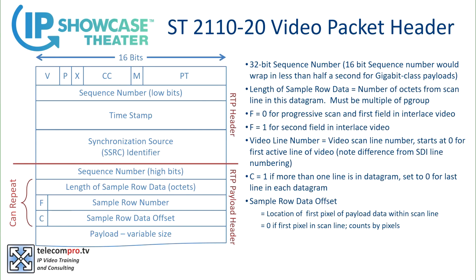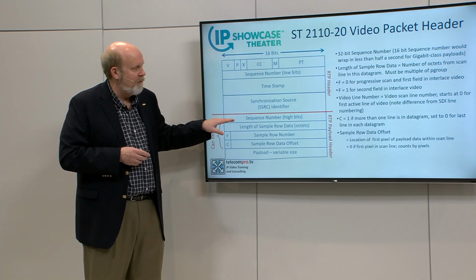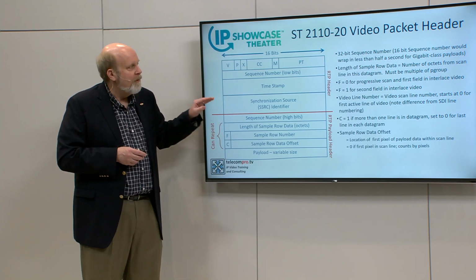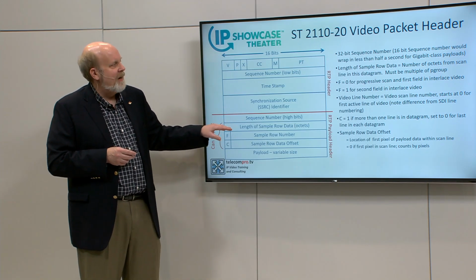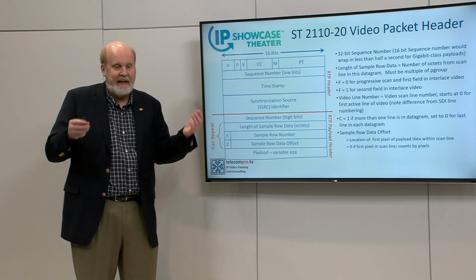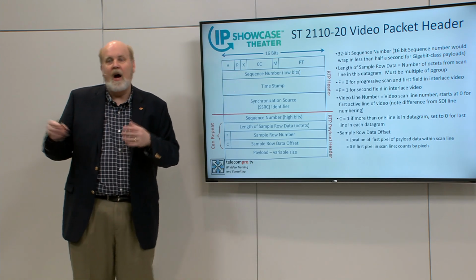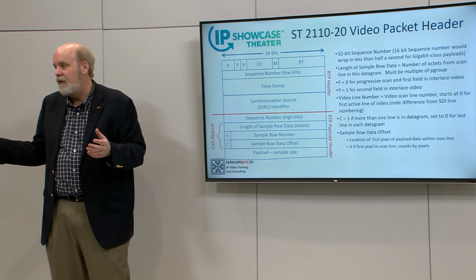Now for video and video only, we have an RTP payload header that's customized just for video. Let me show you a few key features of that. The first thing it has is an extended sequence number. So it takes this 16-bit number, adds another 16-bit number for a total of 32. The reason we need that is that if we're working with high bit rate video signals, a gigabit, 3 gigabits per second, we're going to be generating 100,000, 200,000 packets per second.